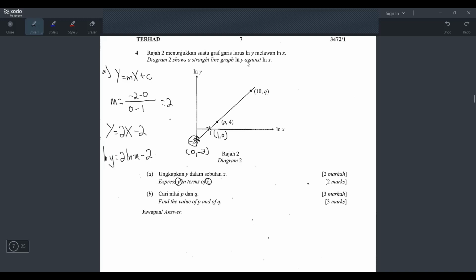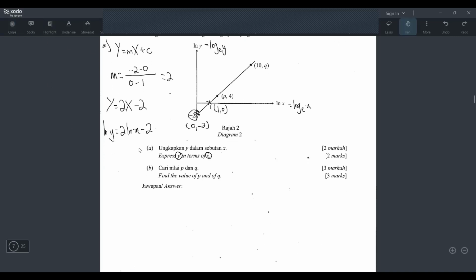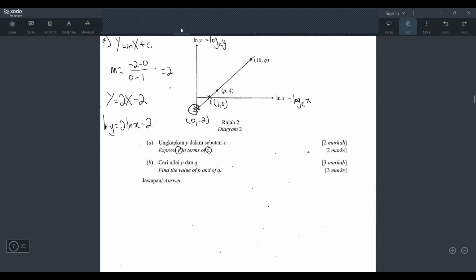What does ln mean here? Ln here means log base e, and e is a number. So what you have to do now is move the ln, but ln stands for log base e. So I'm just going to write here that ln y is log base e of y.